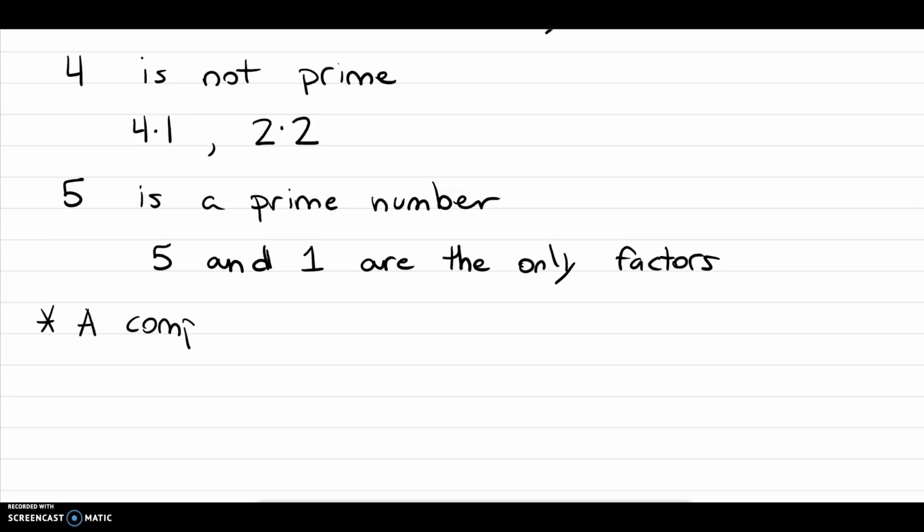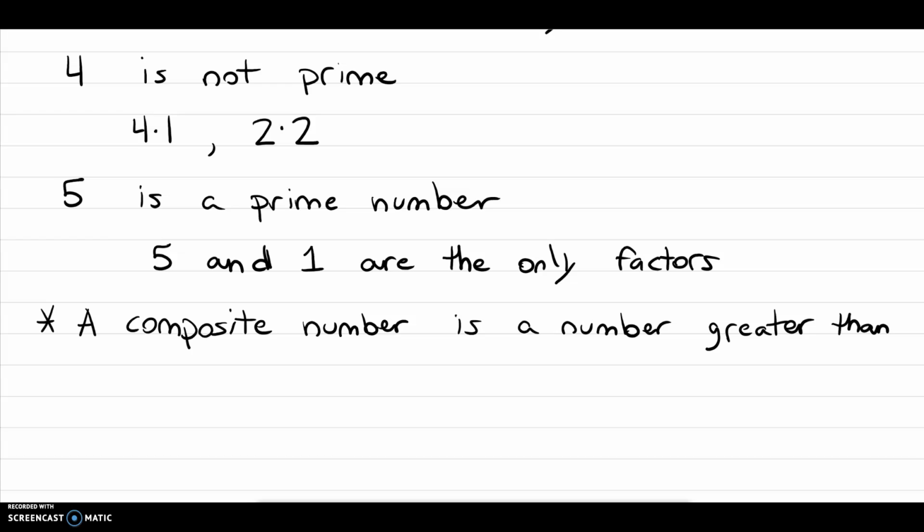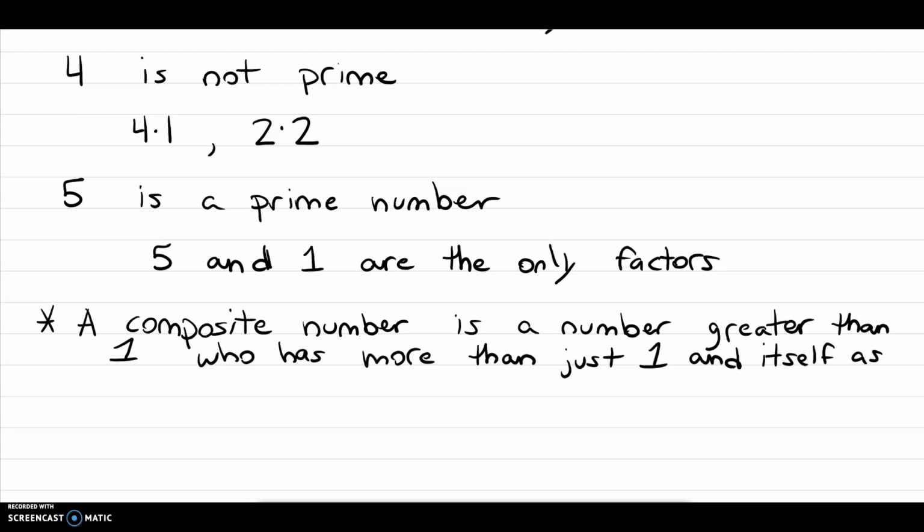So a composite number is a number greater than 1 who has more than just 1 in itself as factors.